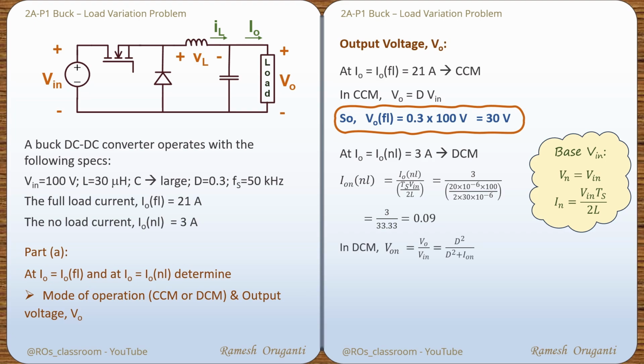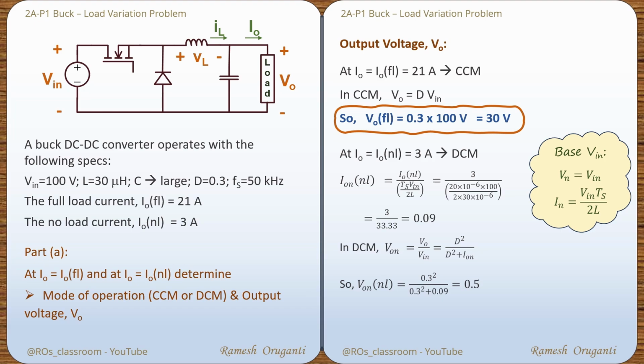The equation for the output voltage in DCM under base Vin normalization is given by VON equals VO by Vin. Vin is the voltage normalizing factor. That equals D square by D square plus ION. This equation has again been derived in video 2A4. We can calculate VON value by plugging in D value 0.3 and ION value 0.09 and that is 0.5.